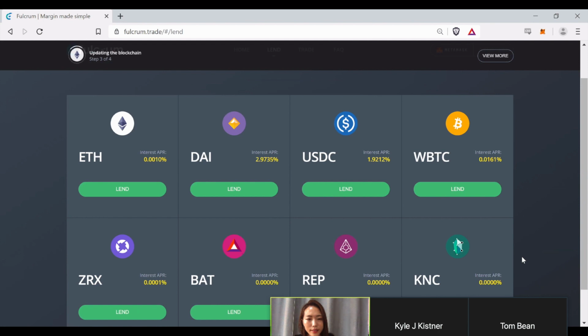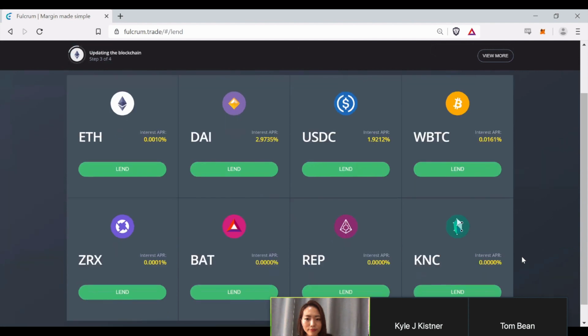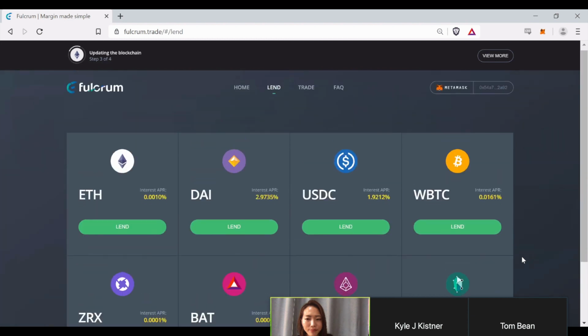I see. So if nobody has borrowed one of the tokens, the interest that you'll see is 0%. This works similarly on other platforms too, like Compound. When you borrow, it's going to give you the rate that corresponds to the level of utilization. These are the lending interest rates, which are different from the borrowing interest rates.